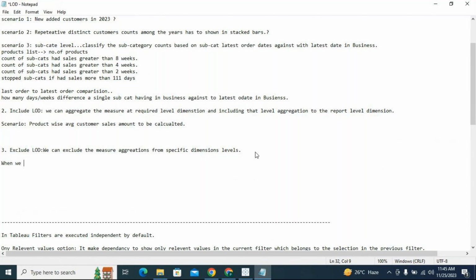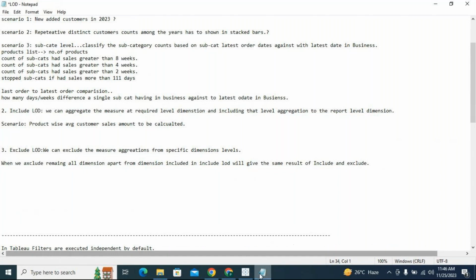When we exclude all the remaining dimensions apart from the dimensions included in the include LOD, it will give the same result as include and exclude.